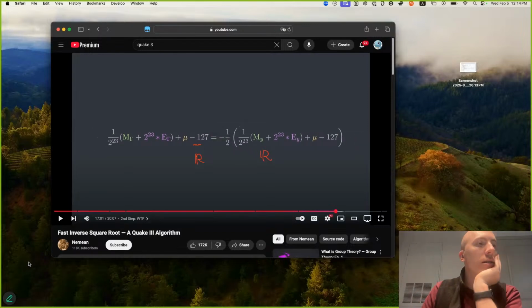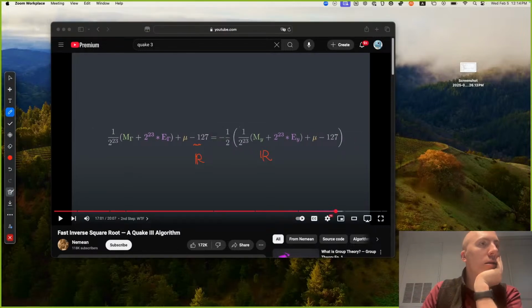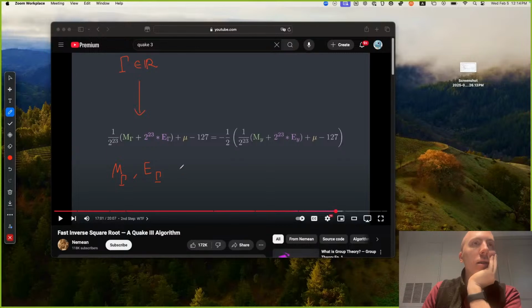But then when you go to this step, you started off with gamma as a real number, but then you went to this thing right here where you're talking about the mantissa of gamma and the exponent of gamma. Now you're thinking in terms of... I don't know.